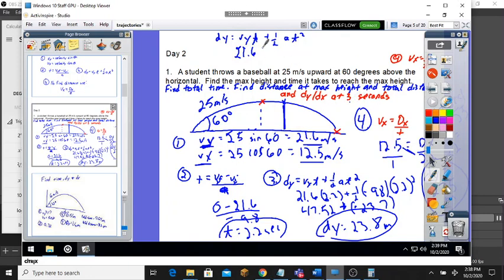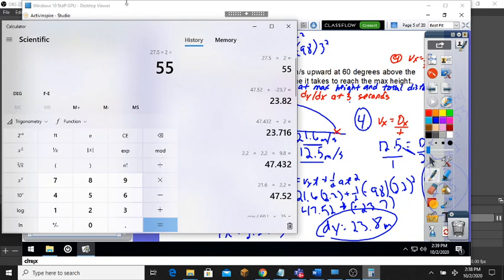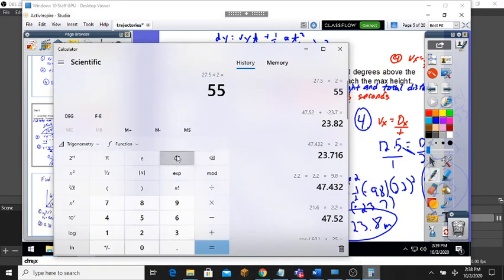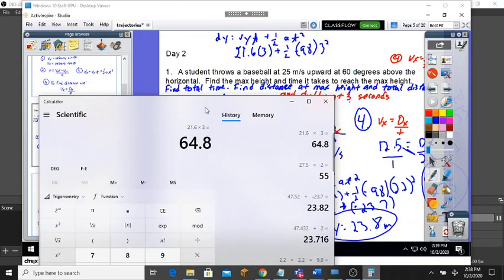See that? The time, 3 seconds. Plus negative 9.8, 3 seconds. So 21.6 times 3 gives me 64.8.